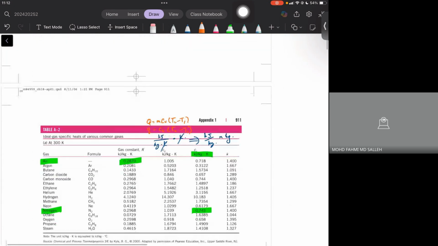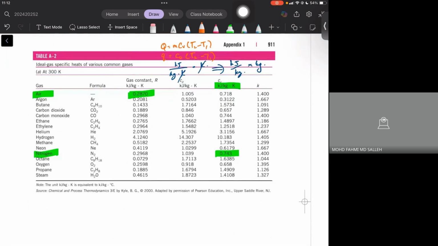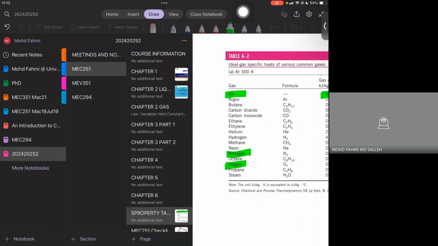For this, you're going to refer to table A2, and you can see there is the oxygen, and we want to know about the Cv, which is 0.658 kilojoule over kilogram Kelvin.